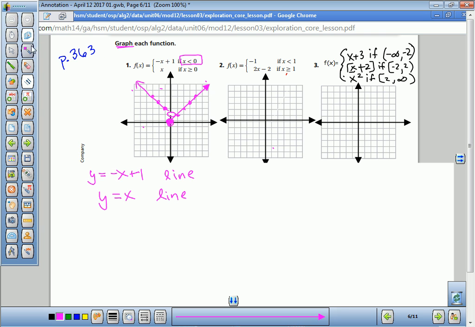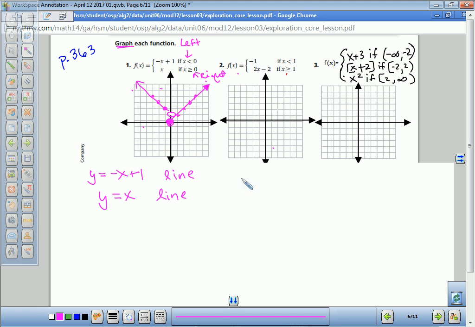So the first one had to go left because it's x values that are less than 0, and the second one goes right because it's x values that are greater than or equal to 0. So, kind of a shortcut for that. Which way is that arrow pointing? Left. So if your variable comes first, your inequality gives you a hint.